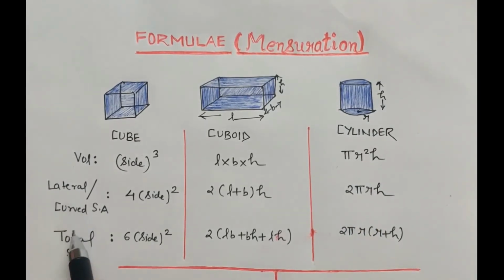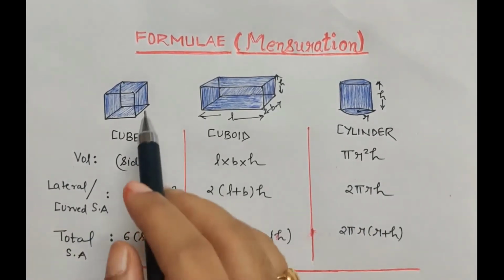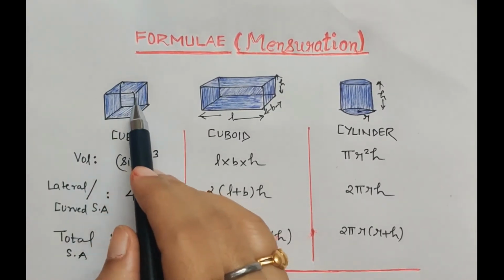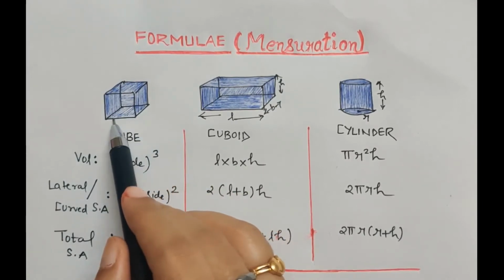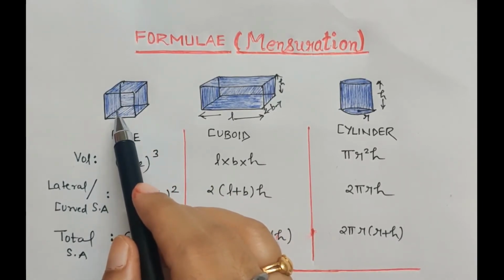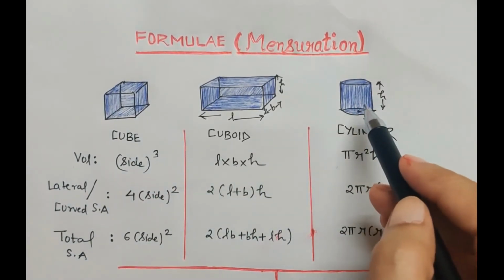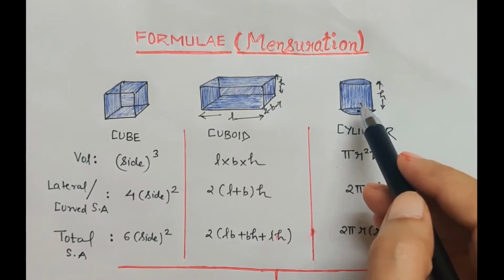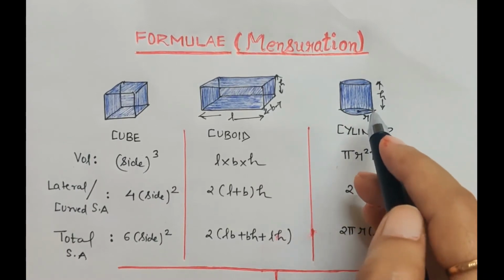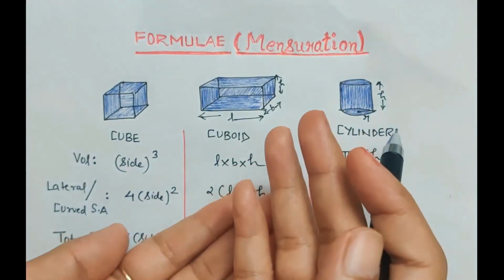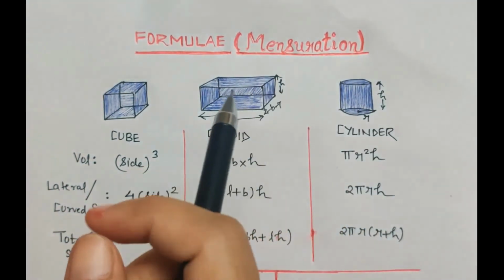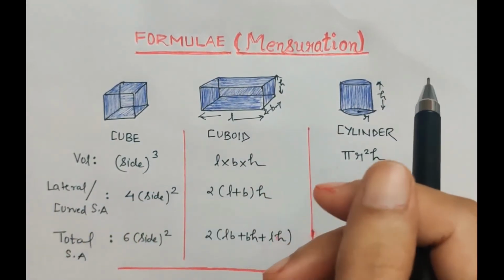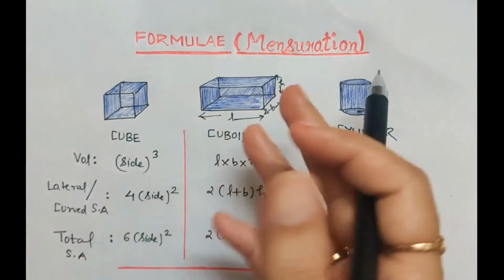Next is lateral surface area. Lateral surface area means area of the surface other than the top and the bottom. Whenever we say curved, it is for solid figures having a curvaceous surface, like a cone, cylinder or sphere.